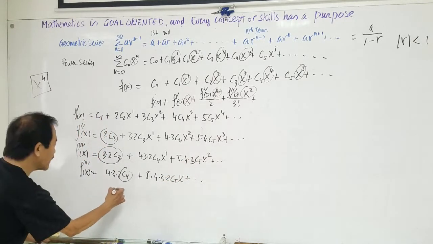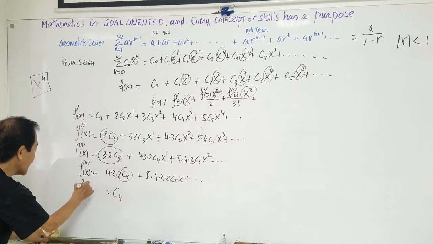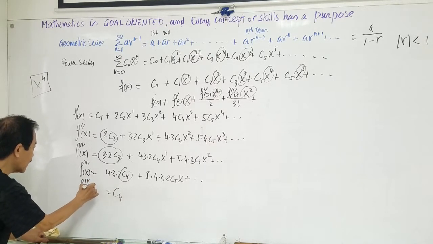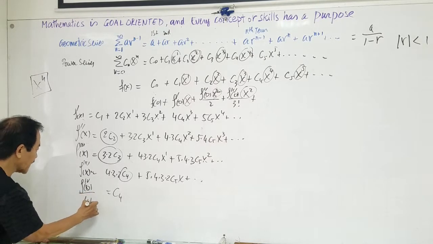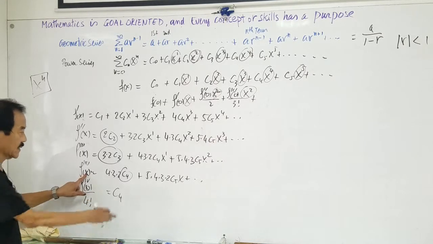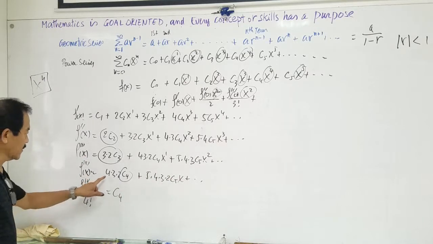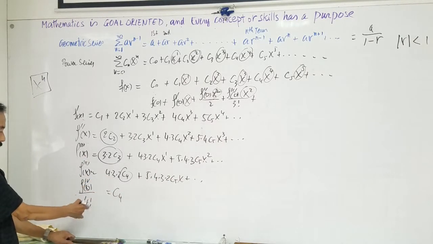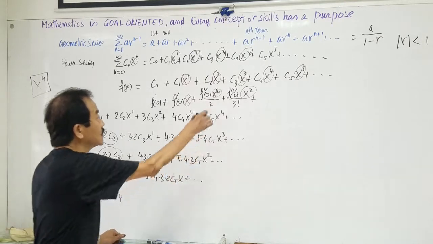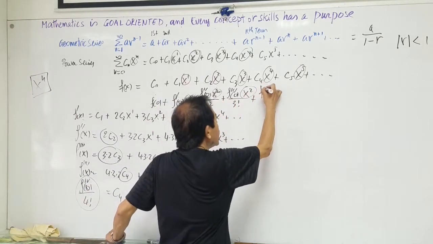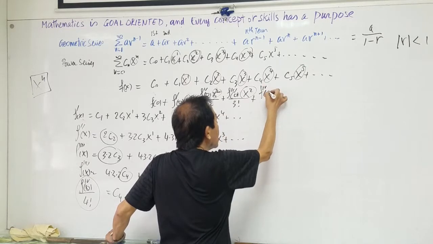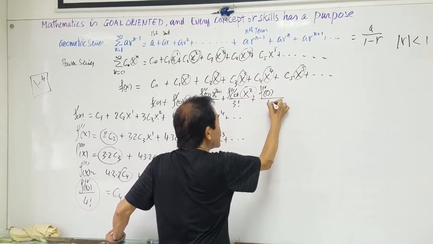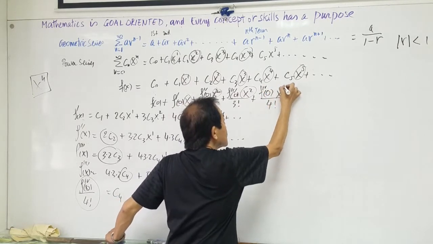So therefore C4 has to be the fourth derivative of 0 divided by 4 factorial. When I put 0 here, all go. So it equals 4 times 3 times 2. Then I substitute this into here. So again, the fourth derivative of 0 divided by 4 factorial, x to the fourth.